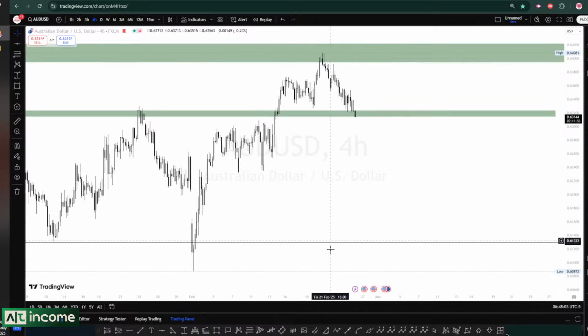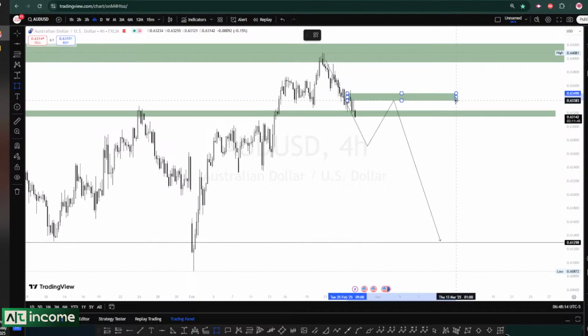If price gives us something like this, comes back to this level, we now have another demand area here, supply area here. Can you see? So I want price to come back to this area, then I will sell because structure has already changed. Aggressive entry is just on that level.